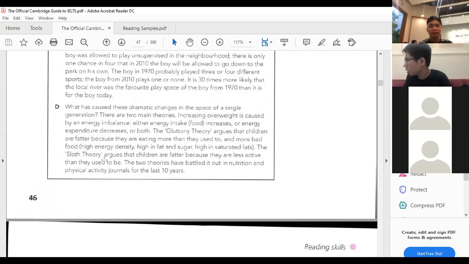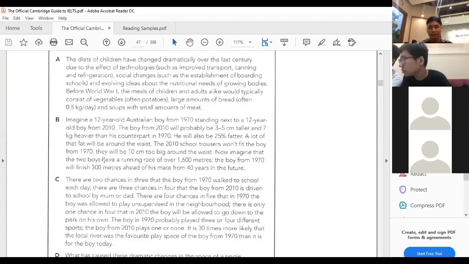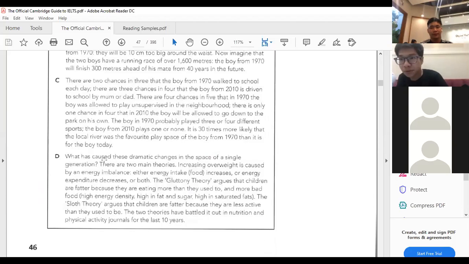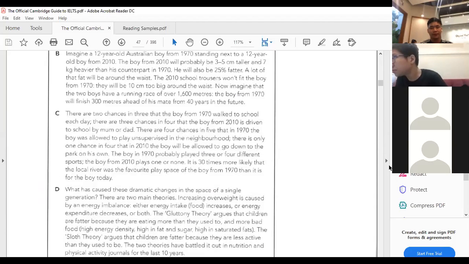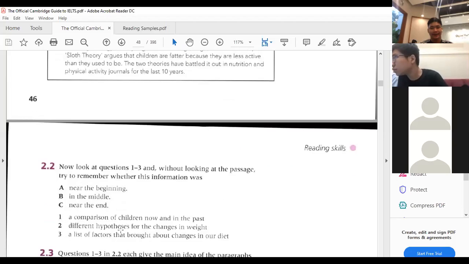They give us some theories of why our weights have changed so far. So where is it? D. So it's the end. And last one, a list of factors that brought about changes in our diet.